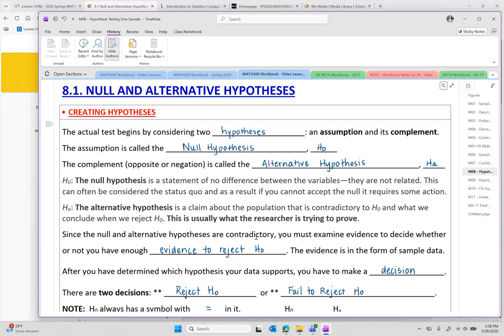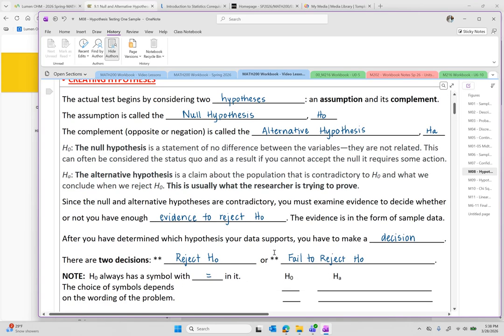The null hypothesis is a statement that says there is no difference, nothing significant expected, everything is as it is currently assumed to be. So you do have more evidence that the null hypothesis holds before you start your study. Your job is to examine evidence to decide whether or not you have enough data to reject the null hypothesis. And the evidence will come from your sample data.